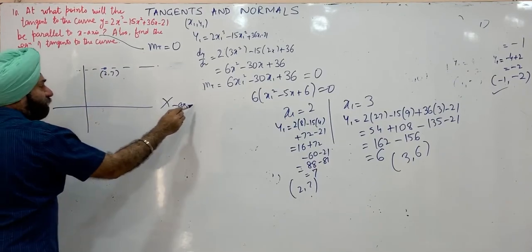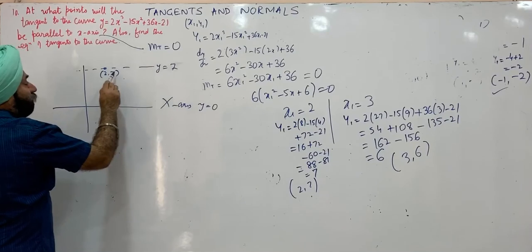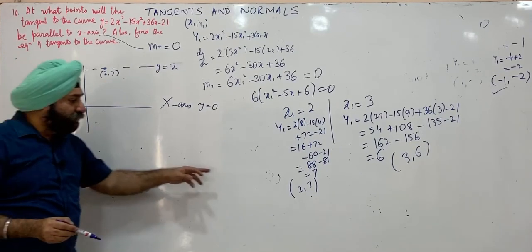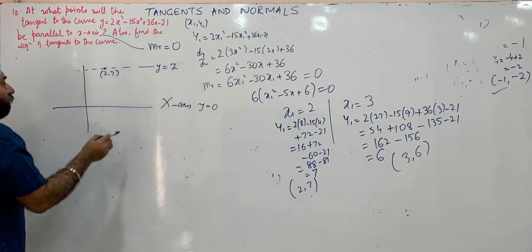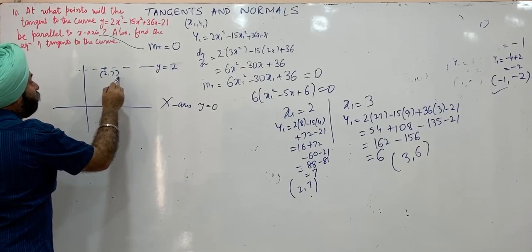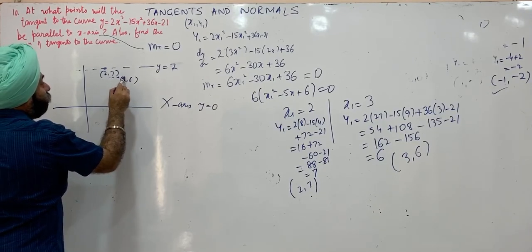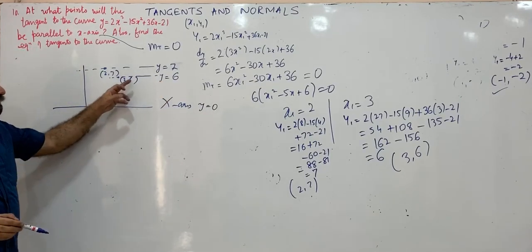So x-axis has equation y equal to 0. This will be y equal to the y coordinate, that is y is equal to 7. So the equation of tangent at this point is y is equal to 7. The second point is (3, 6). At this point, this will be the equation of tangent: y is equal to 6.